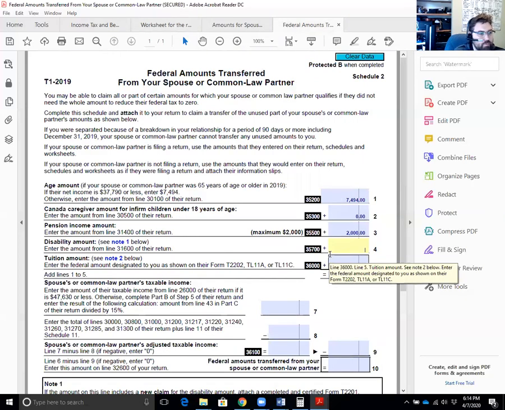Disability amount. We don't have a disability amount. It's not part of the question. Tuition amount, not a part of the question. Add lines 1 to 5. 9,494.